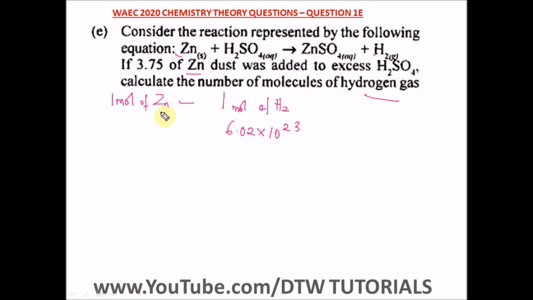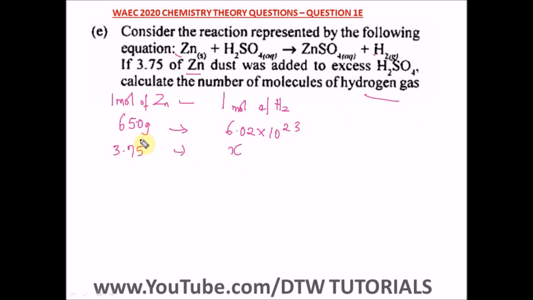Now 1 mole of zinc has a mass of 65.0 g. So 65.0 g of zinc reacting gives us 6.02 times 10 raised to the power 23 molecules of hydrogen gas. But in the question they said 3.75 g. What number of molecules of hydrogen gas will 3.75 g of zinc give? So this is X.